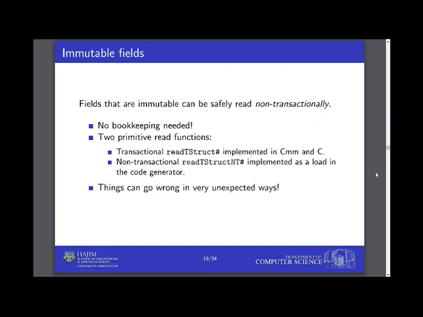So for these immutable fields, we just expose an interface that lets us non-transactionally access things. But that's really dangerous, right? If anybody uses that in the wrong place, things could go terribly wrong, and in very unexpected ways.